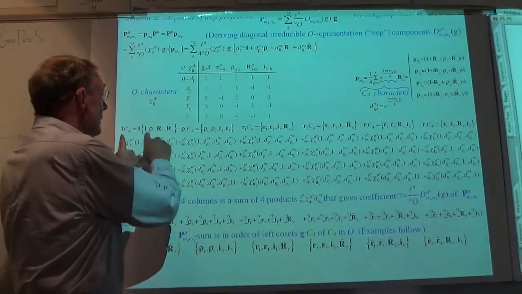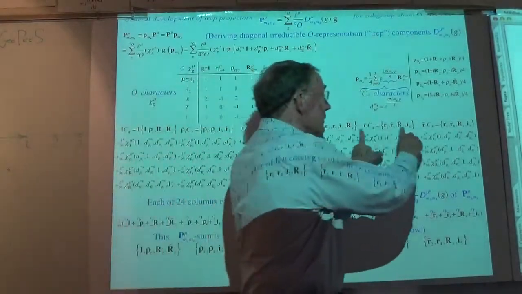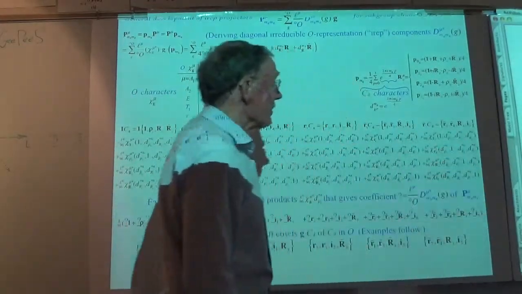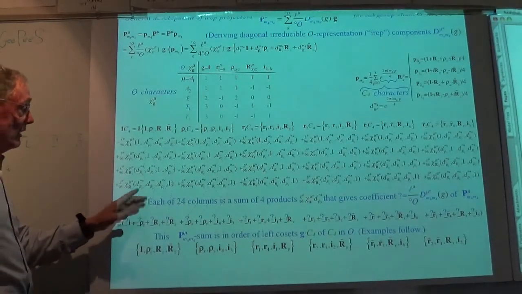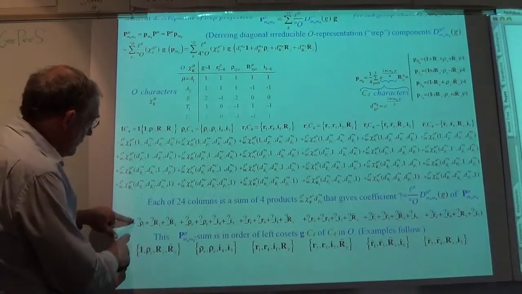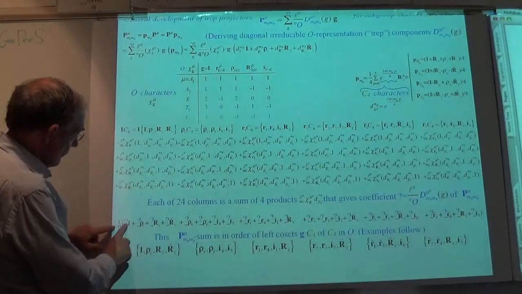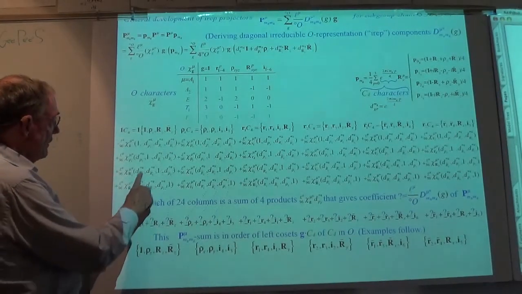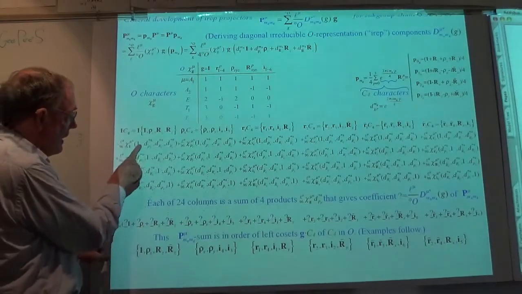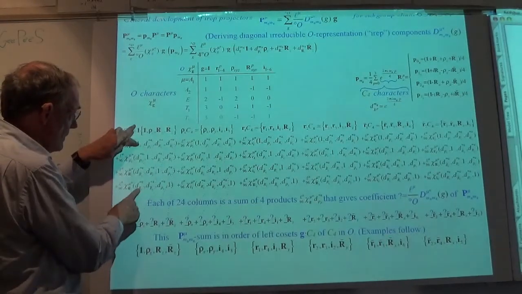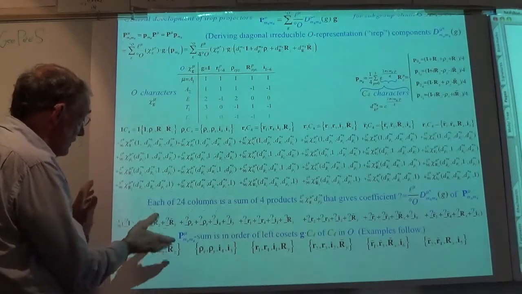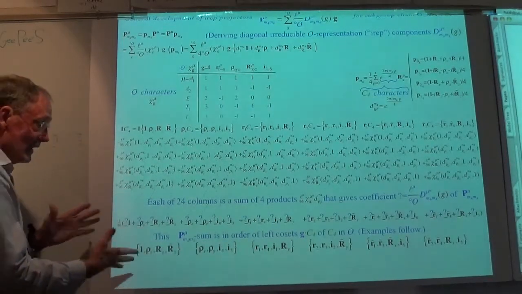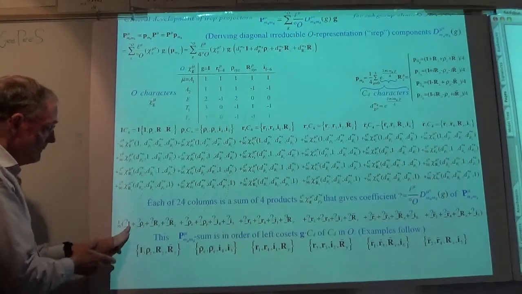And what I'm doing is I'm lining up the cosets this way instead of vertically, lining them up horizontally, okay? And then each of the 24 columns, starting with this one right here, just follow this line up. This guy, this guy, this guy, this guy, that's a column, okay? Each one of those numbers has got to be summed up, and that is going to be the coefficient of the unit operator.